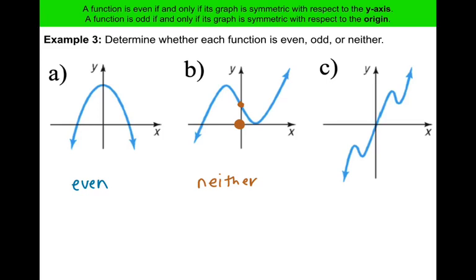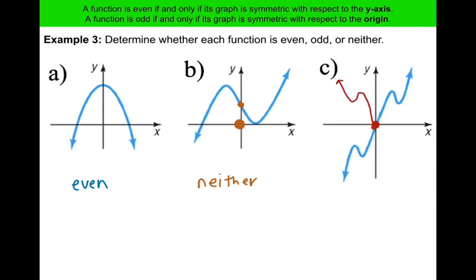The last example here, C, this does have symmetry. This has symmetry with respect to the origin. So here's how you find whether or not a function has symmetry with respect to the origin. If you were to fold this graph on both the x and the y-axis, so take a piece of paper with this graph on it, fold it up along the x-axis, you get something that looks like that.